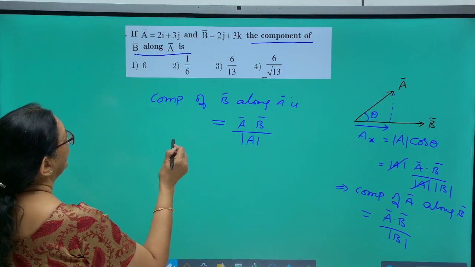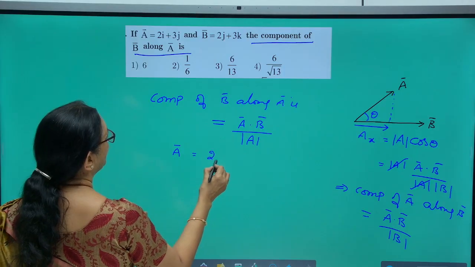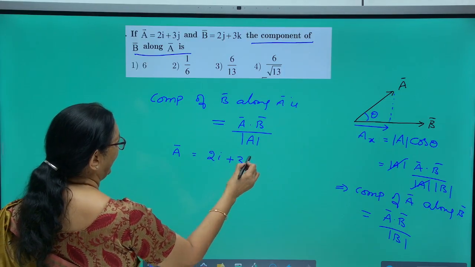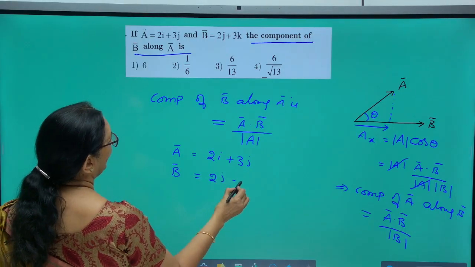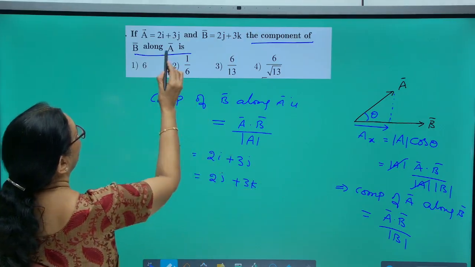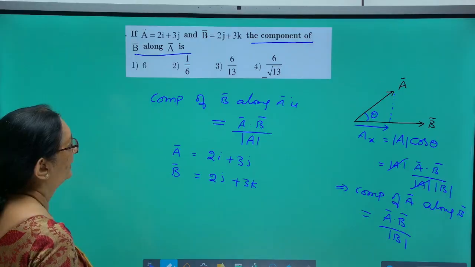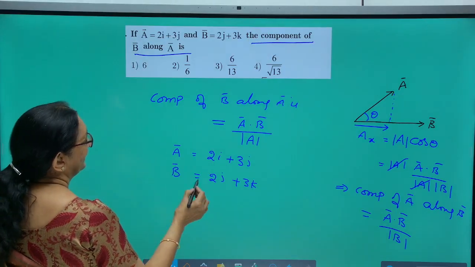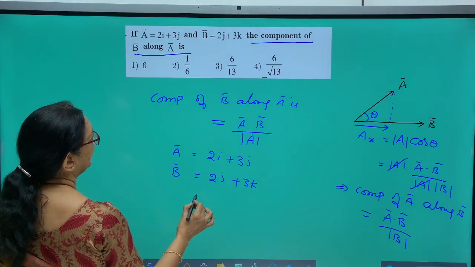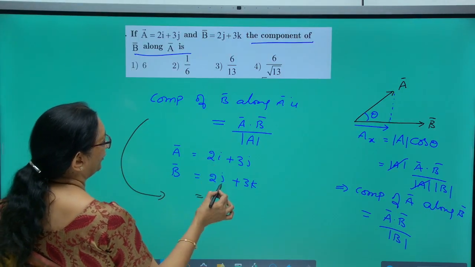So, here look, A bar is given as 2i plus 3j and B bar is given as 2j plus 3k. 2i plus 3j, 2j plus 3k. So, we have to do it very carefully. See here, the component of B bar along A bar will be equal to A dot B.